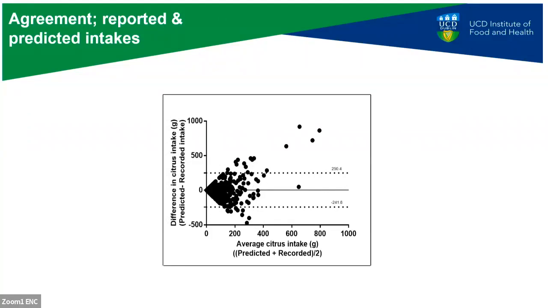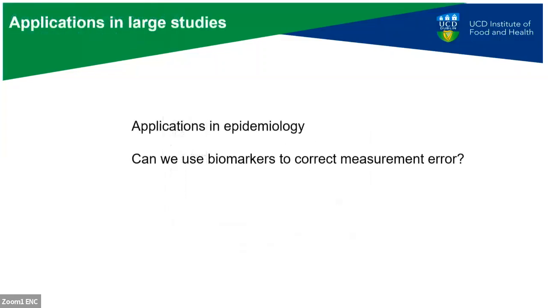So we're getting a truer reflection of their intake using the biomarker data. So this was very exciting. We were now able to say that we could use these biomarkers to help us understand what individuals consumed, and I'll remind you, this is only one food, and we eat much more than one food, but still a very exciting milestone for us. So we wanted to see, well then, what could we do with this type of data in large population groups, and moving it into epidemiology?